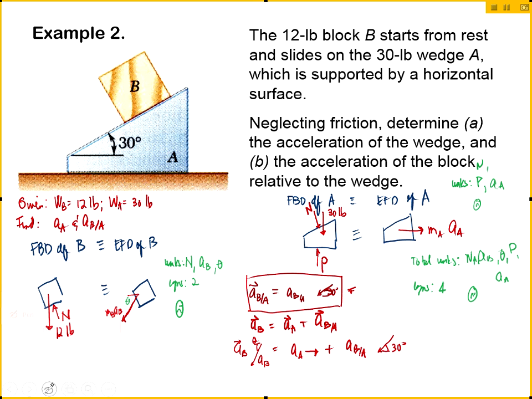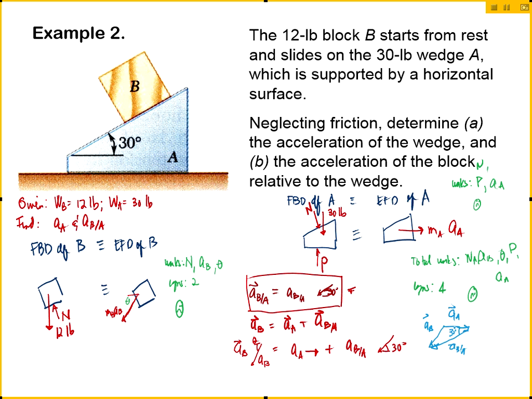You agree? So if I represent this in terms of a vector equation, what this tells me is the acceleration of B, which is unknown magnitude, unknown direction, right, is equal to the rightward acceleration of A, plus an unknown magnitude acceleration of B relative to A, but it has to be along 30 degrees. You see this triangle?